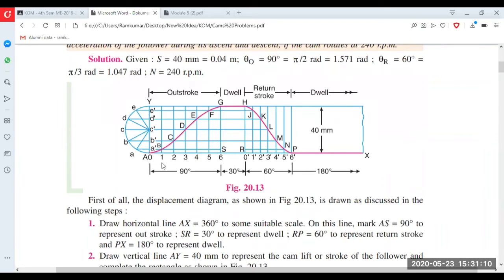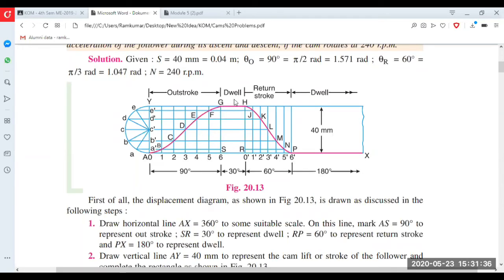According to the scale, let us say you are taking this for 360 mm. Then you mark 90 mm for this particular stroke, for rise, and the remaining 30 divisions for the dwell, the remaining 60 divisions for return, and the remaining 180 for dwell again.